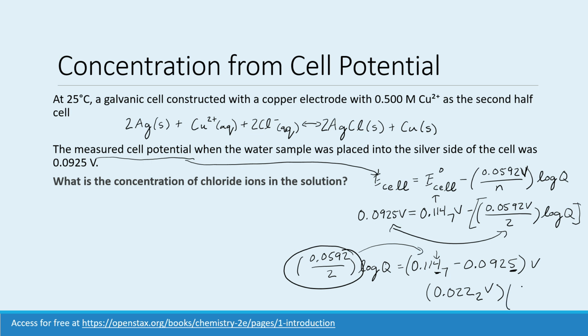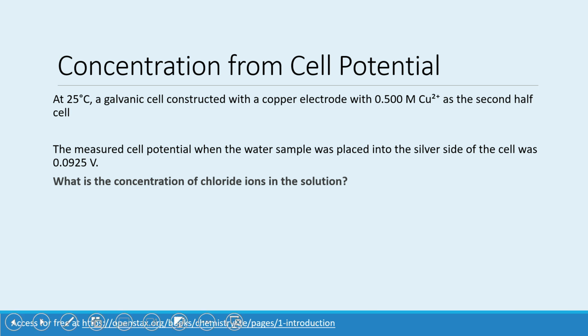So now that we've got that value, of course we can take this and move it over by flipping it, and so you would multiply by 2 and divide by that 0.0592 volts. And that's equal to the log of Q. Okay, multiply all that out and you should get back, and I'll rewrite it on a new page here.